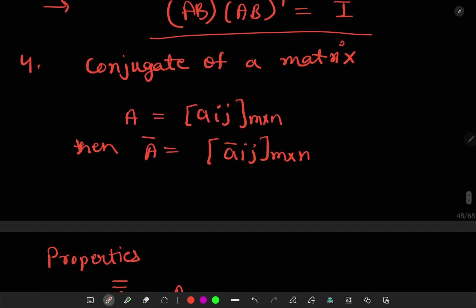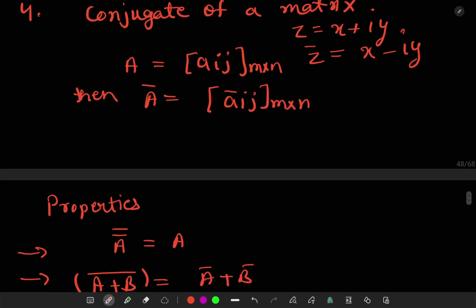Now the conjugate of a matrix is similar to what we do in complex numbers. If we take the conjugate of z, we get x minus iota y.